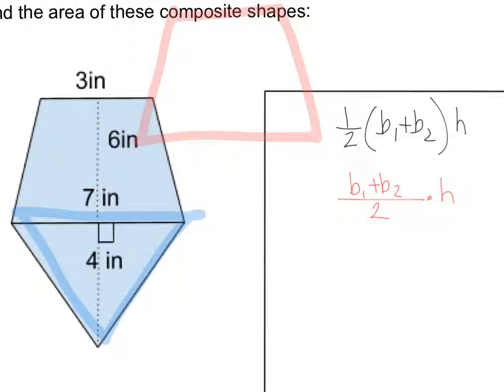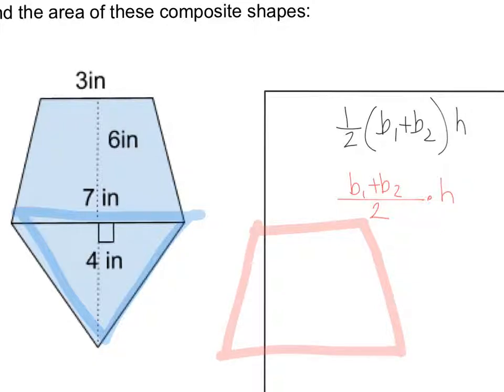Well, looking at my trapezoid, what are the measures of the two bases? I know that the first base up top is 3 inches and the second base is 7 inches. I also know that the height is 6 inches.